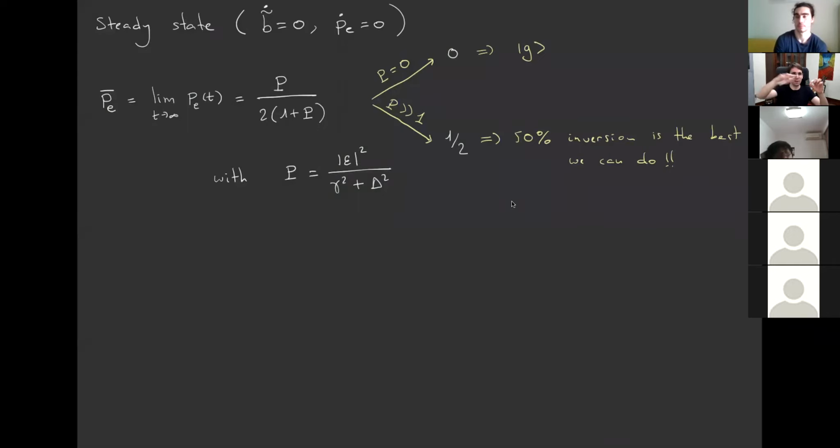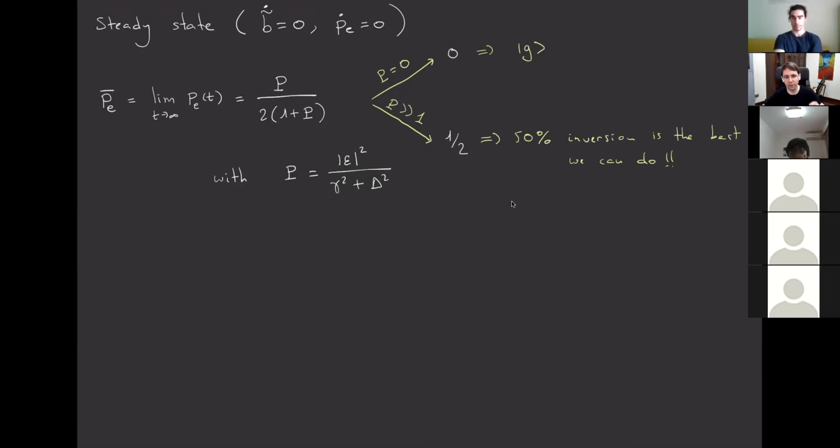Dissipation is destroying the coherence between these oscillations and making them decay towards half, okay? You can be in the ground or in the excited state periodically, but because of the noise in the system, this is shifted randomly, and after some time you have lost the periodicity, and you just get an average of what you have. You could be in the ground or in the excited state, so you are in the middle, okay? So that's exactly what we find in here.